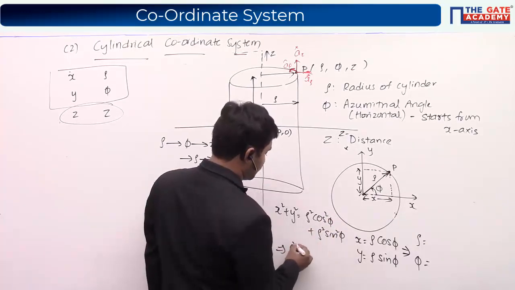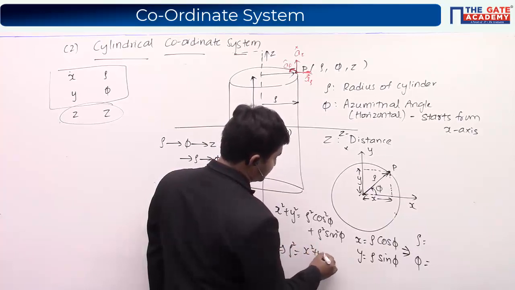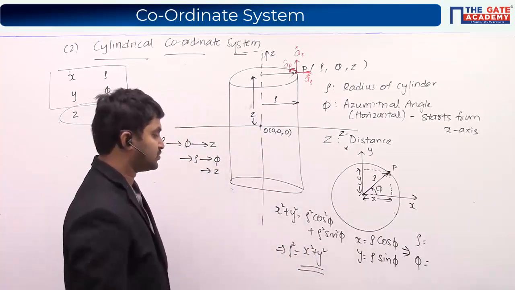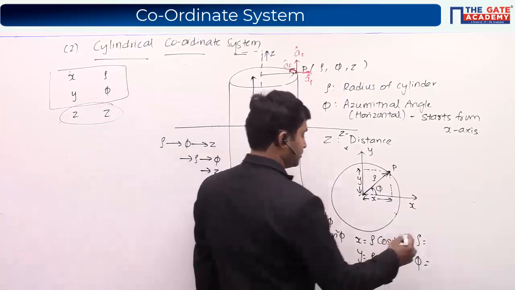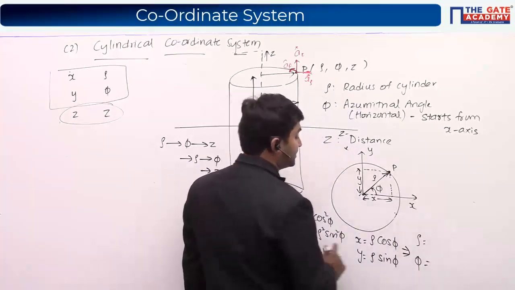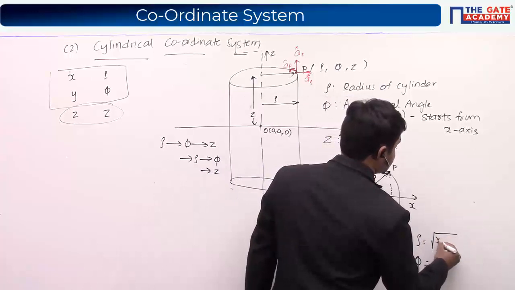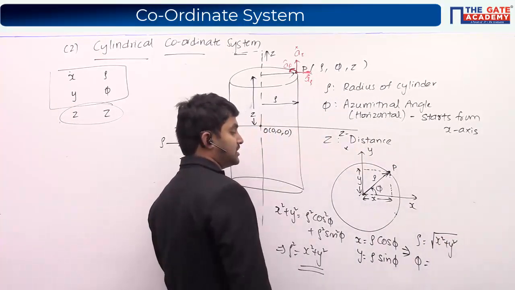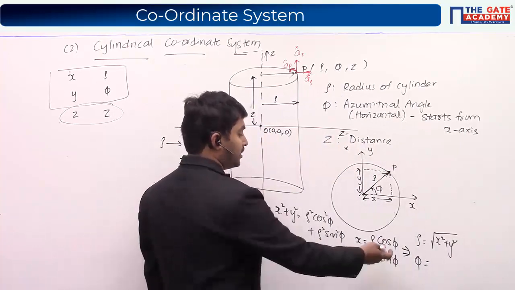It means rho square is equal to x square plus y square. So rho is the square root of x square plus y square. What about phi?